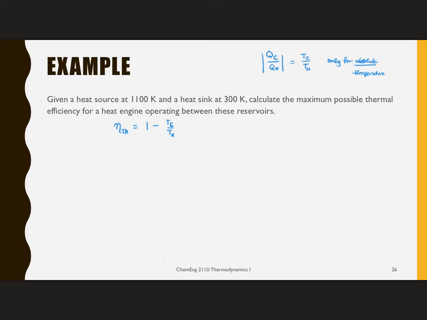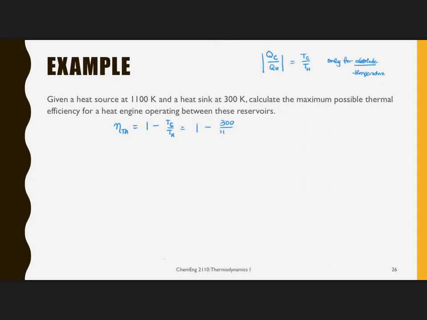This is not going to work if we are using a relative scale like Celsius or Fahrenheit. So we need to always be doing this for kelvins and rankines. In this case, I was very kind and gave you temperatures that were already in those units, but if they are not, you want to make sure that they are.